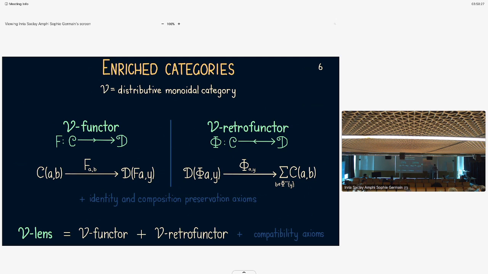So this is a notion of enriched functor, enriched retrofunctor, but the reason why there's this typo is because I introduced an extra slide here to show the usual presentation of enriched functors. But what I wanted to do was show you this alternate presentation of enriched functors that emphasizes the kind of duality between the two notions.